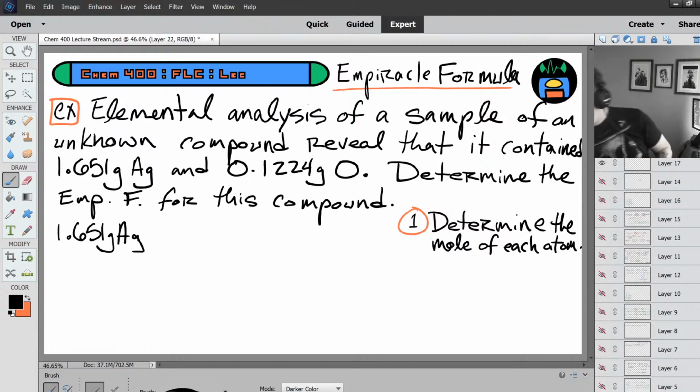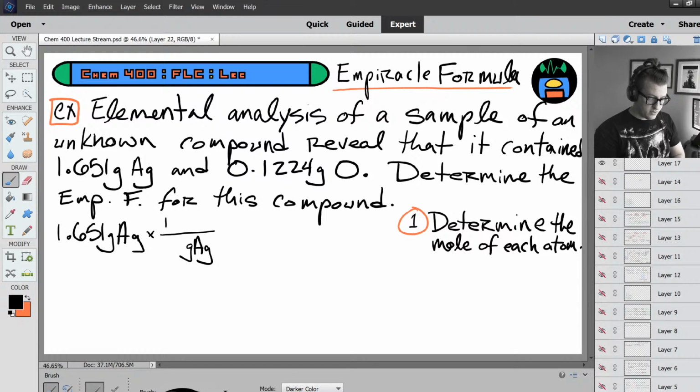And we need to convert from grams to moles. So we put grams of silver in the denominator. You put moles of silver in the numerator, and where we go, there it is. Silver has a mass of 107.87 grams per mole.